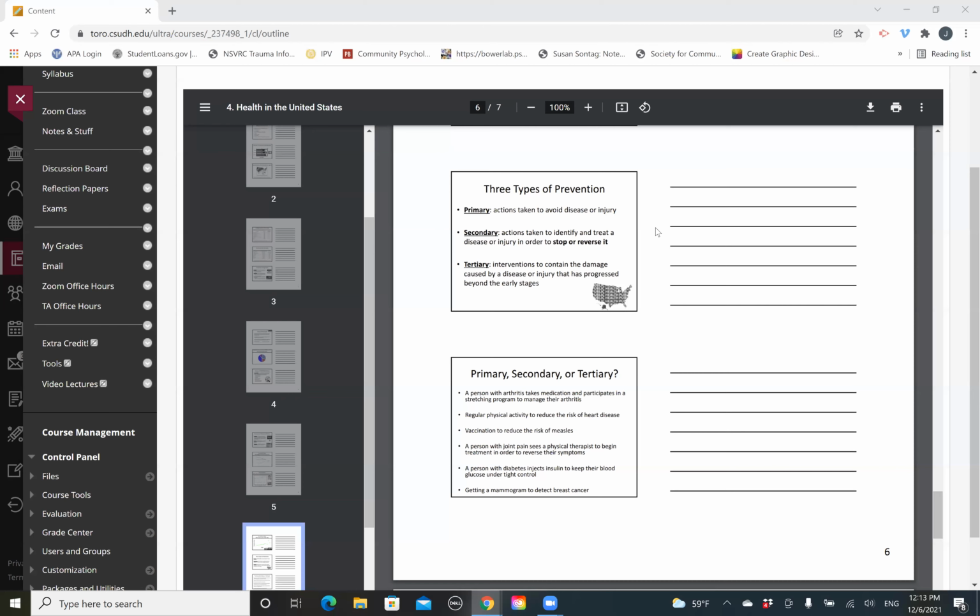Tertiary preventions are interventions to contain the damage caused by a disease or injury. So the third sister got the pre-diabetic test back, but was like, whatever. She might now have to take insulin, right?